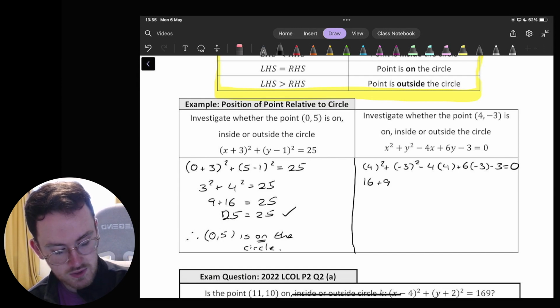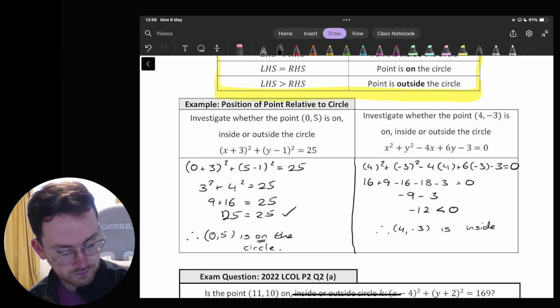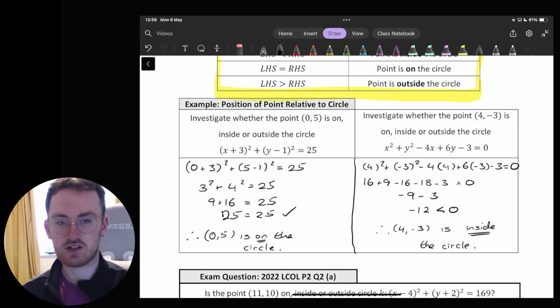So 16 plus 9 minus 16 minus 18 minus 3 equals 0, and I'm going to end up with minus 9 minus 3, minus 12, which is less than 0. That's going to tell me that my point 4, minus 3 must be inside my circle. So from that I'm deducing that my point 4, minus 3 is inside my circle.